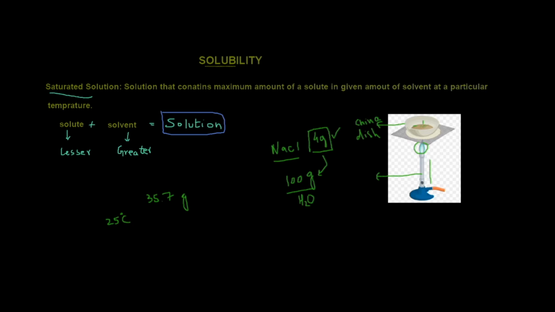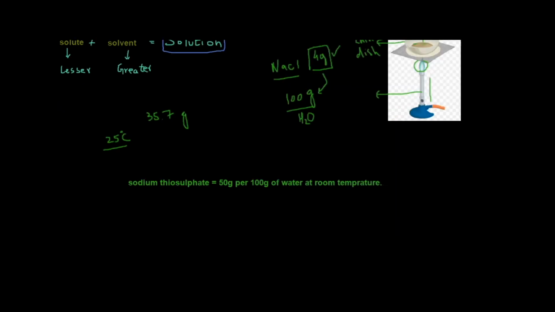It means we can say that at 25 degree centigrade the solubility of sodium chloride in water is 35.7 gram. Similarly, the solubility of sodium thiosulfate is 50 gram per 100 gram of water at room temperature.